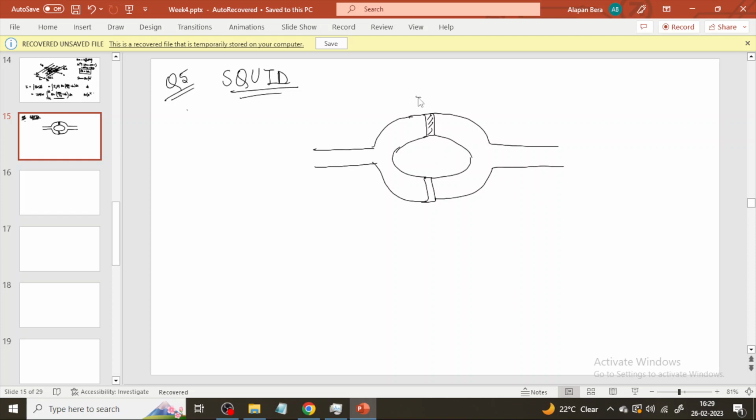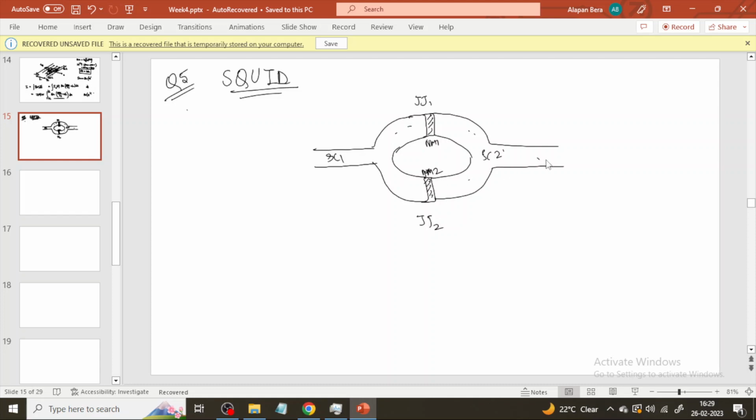So this is Josephson junction 1 and this is Josephson junction 2. This is basically the normal metal region and all these other parts are superconductors. So this is superconductor 1, this is superconductor 2, and they are connected through normal metal 1 and normal metal 2.